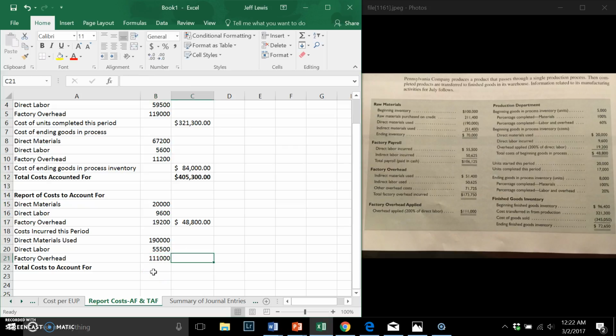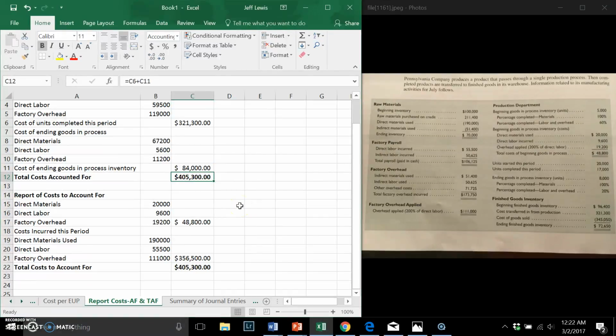Okay, and then we're going to sum these. Together, it equals 405,300. And these should be within like $100 of one another. In this problem, they came out exactly the same. So that's really good.